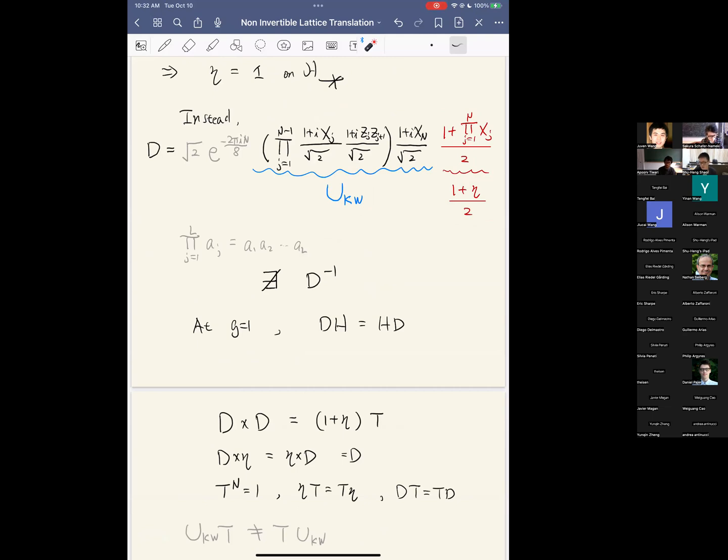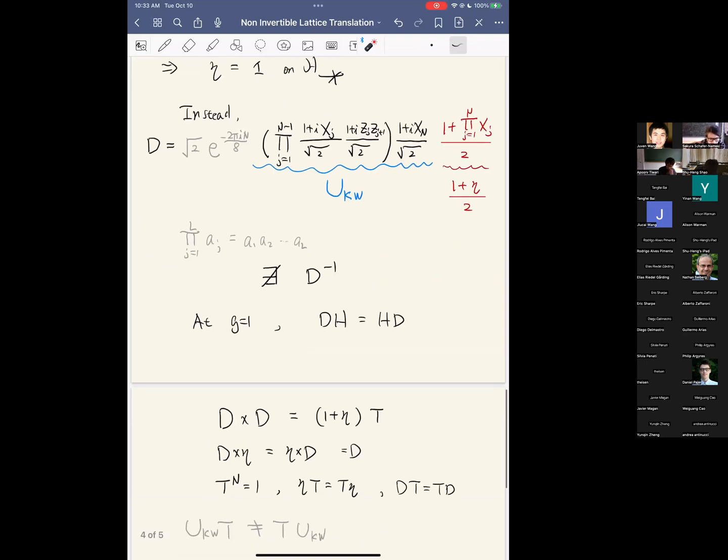Yeah, it just seems a little bit weird because eta, the C2 symmetry, does commute with the Hamiltonian, and the identity commutes with the Hamiltonian, and D commutes with the Hamiltonian, but somehow UKW does not. I will check it. Thank you. The reason it's non-intuitive is because if you have a symmetry A and a B, and both are invertible, and you have a symmetry C, typically you can invert B to the other side.